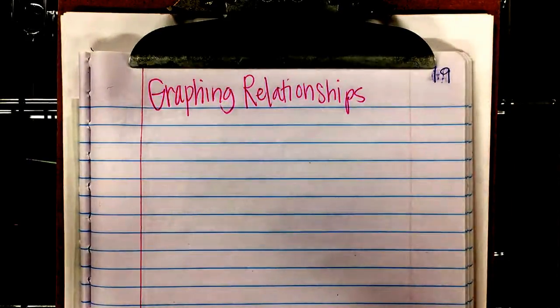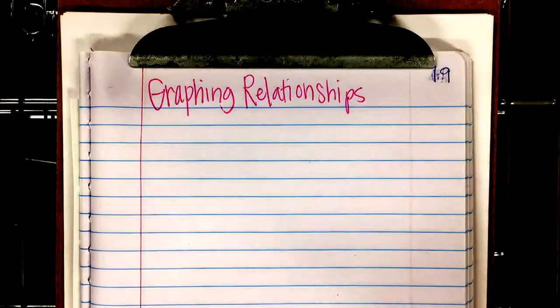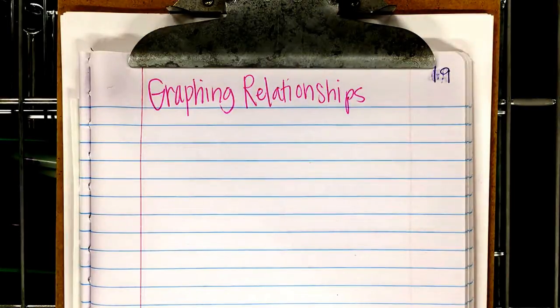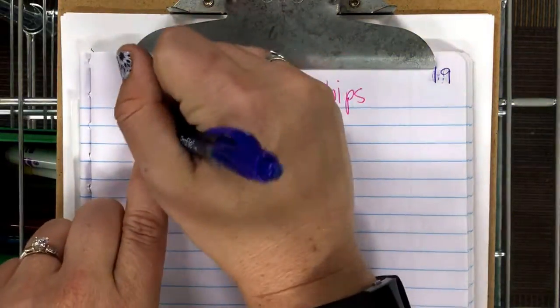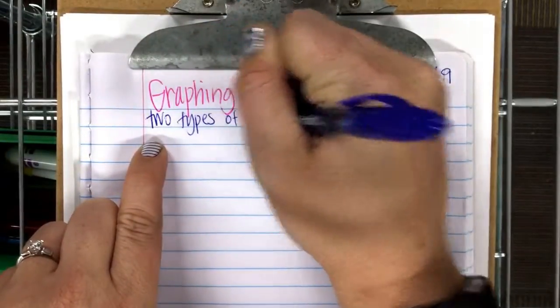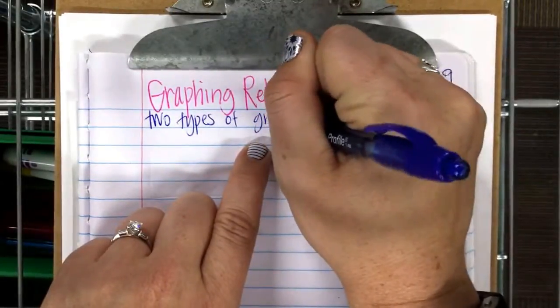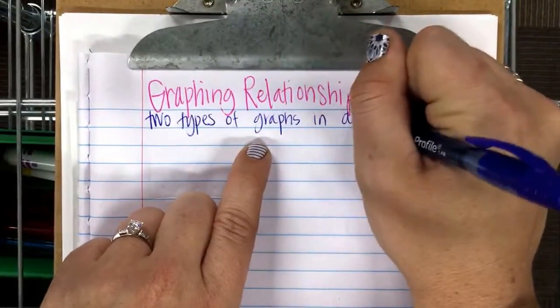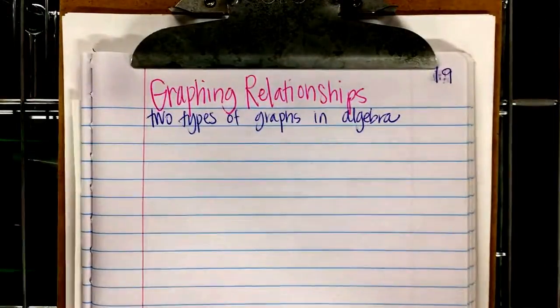We find our average. In algebraic, it's just one scenario that we're dealing with at a time. So there are two types of graphs we're going to work with. Two types of graphs in algebra.